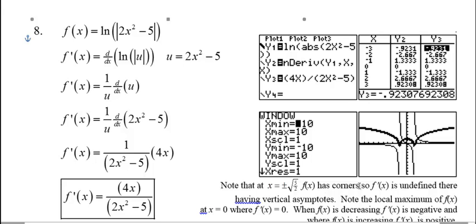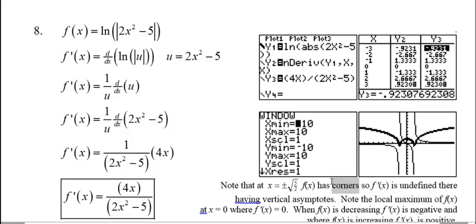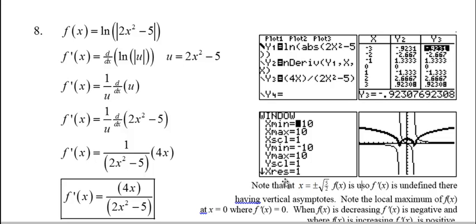I said it has corners, but that's not true, it just looks like it from the picture. We'll say they both have vertical asymptotes.